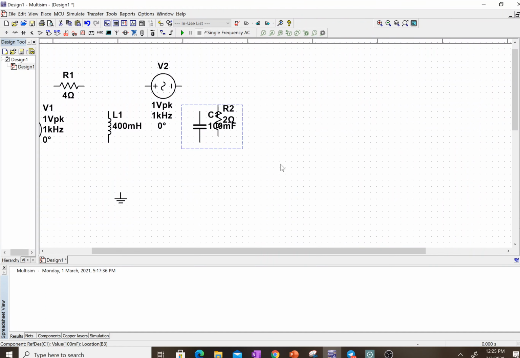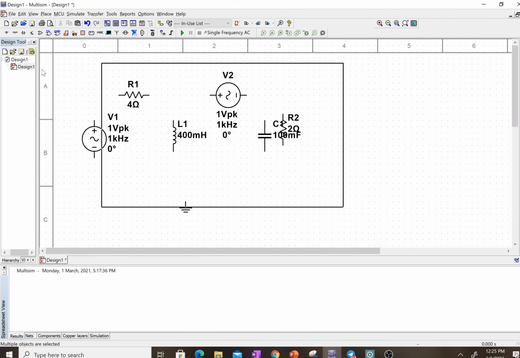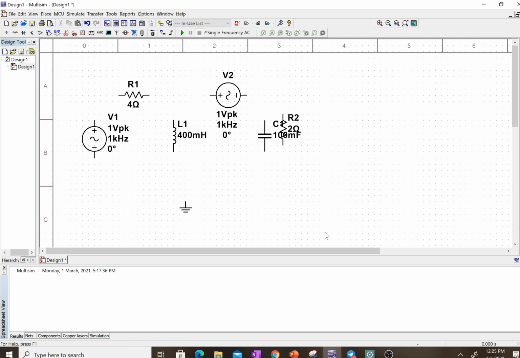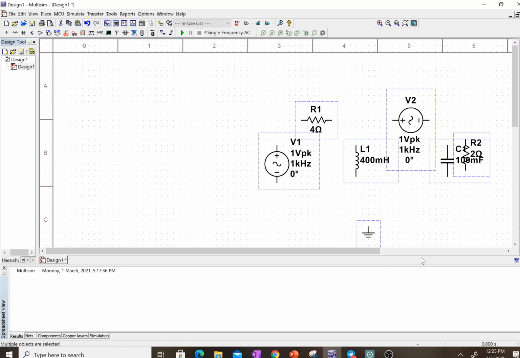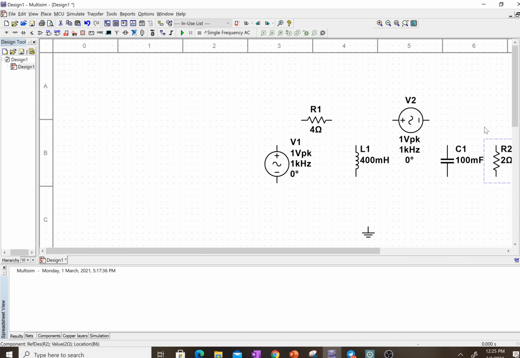Right, so now we need to connect all the components. So maybe highlight this first and move to center. Okay, so this one move here. Okay, yep. Now we can connect all components. So just move close to the pin, and then it will already show this wire.